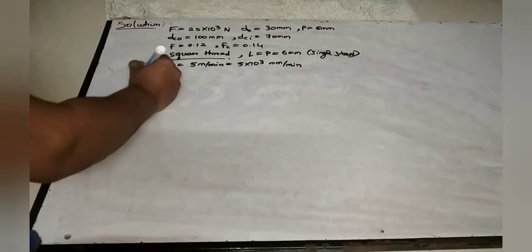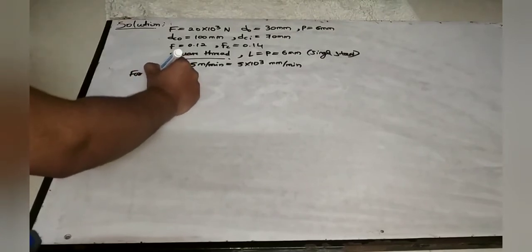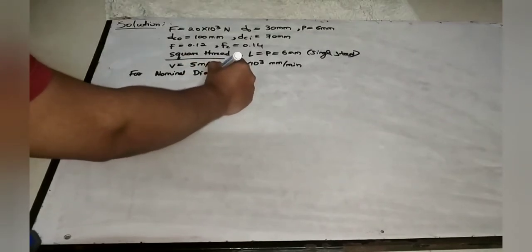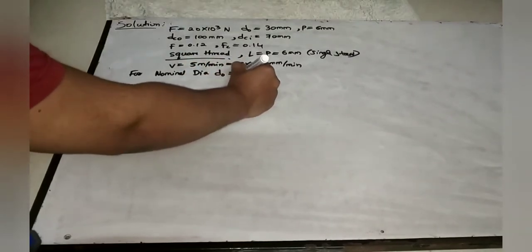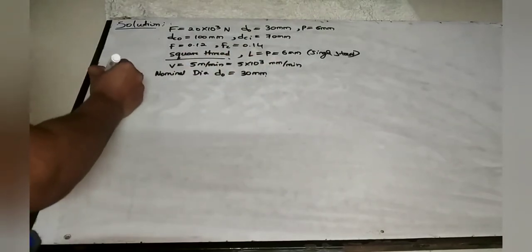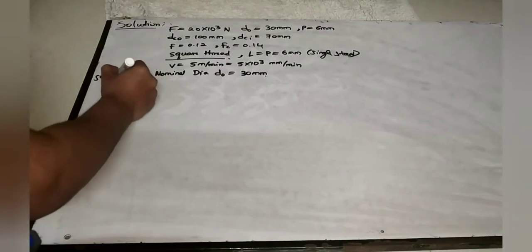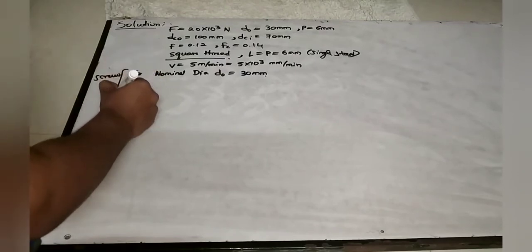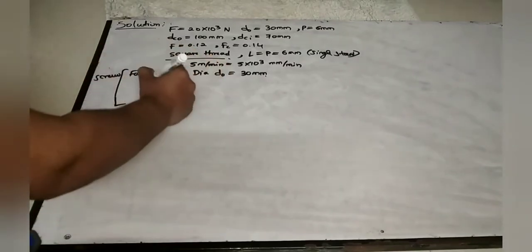Now for the nominal diameter of the screw, D0 is given as 30 mm. Whatever we are writing now is for the screw. Now what is the inside diameter?